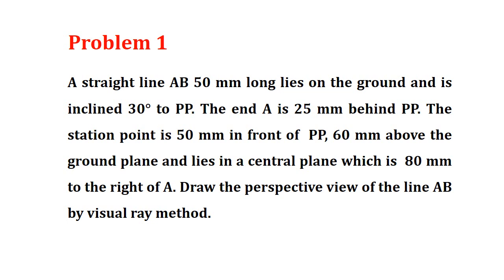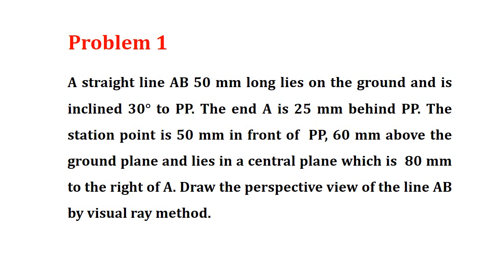A straight line AB, 50 mm long, lies on the ground and is inclined 30 degrees to PP, the picture plane. The end A of the line AB is 25 mm behind PP.